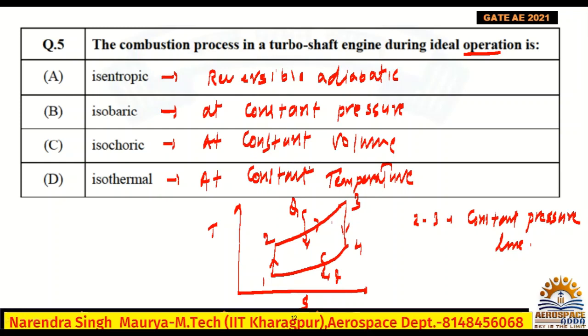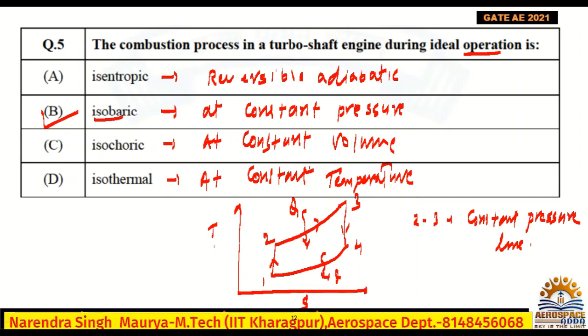It means in combustion we are adding heat, burning fuel with the air, which is called combustion. So at constant pressure heat will be added, hence the combustion process in a turboshaft engine during ideal operation will be at constant pressure, and that is nothing but option B, which is called isobaric.